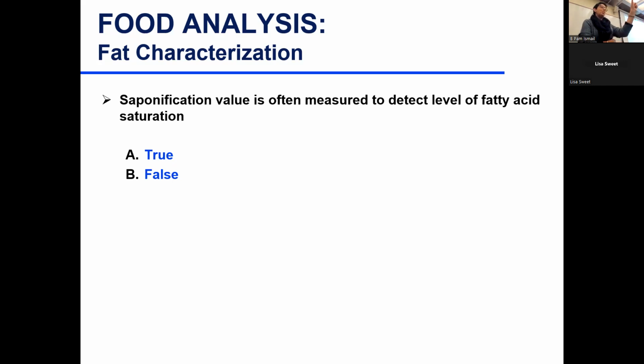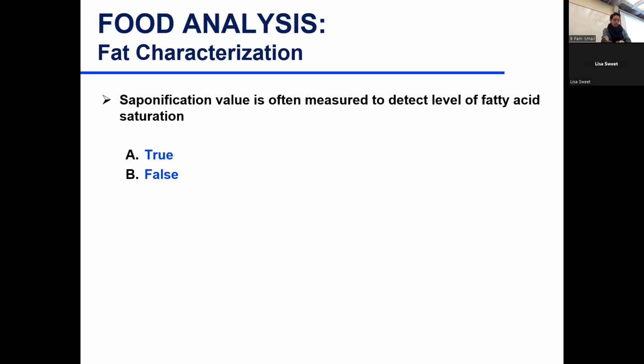It has to do with the length of the fatty acid, the average molecular weight of the fatty acid. So having the saponification value, you can actually calculate the average molecular weight of fatty acids, which is an identification tool. It's very unique to different oils and fats. So it's a unique property, and with saponification value, you can detect adulteration.